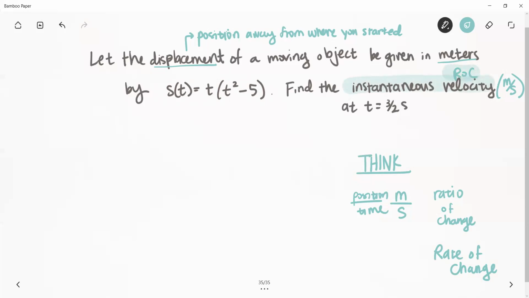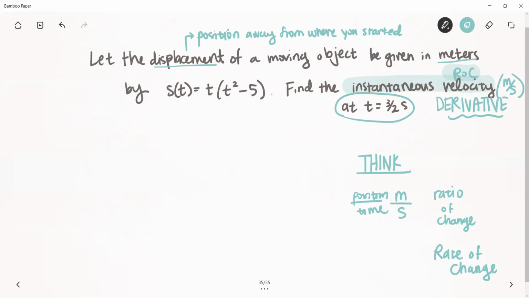And what do we think of when we hear instantaneous rate of change? The derivative. Woo. And so hopefully it's clear how this is really just like the other problems. I'm still going to find the derivative, and then I'm going to plug in my specific value.